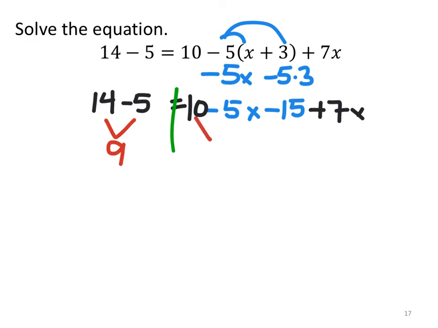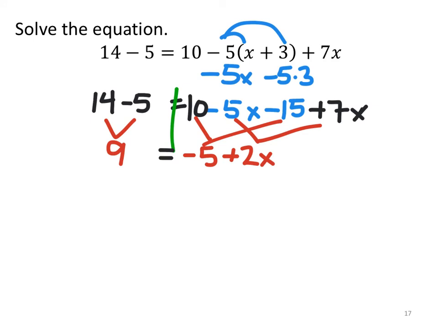I've got my constants, 10 and negative 15, which combine into negative 5. And then also the x's, which are also like terms. Negative 5x's plus 7x's is positive 2x's. So I have now a simplified equation: 9 equals negative 5 plus 2x.